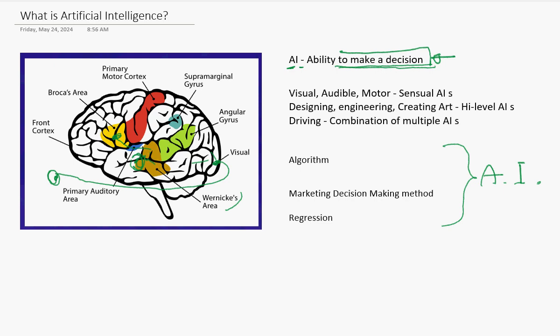And motor cortex is where you control the muscle to speak. The mouth, the hand, leg, everything is in this area, cortex.